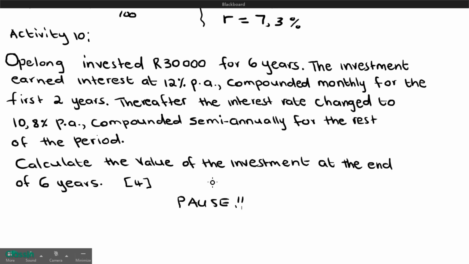And once you're done with this one, please send your solutions separately on the WhatsApp group, and then let's discuss the solutions. I will not do this activity number 10 because I'm giving it to you so that you send me your response. Thank you.